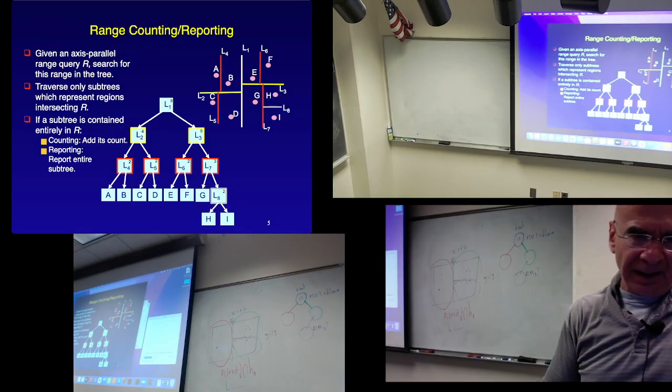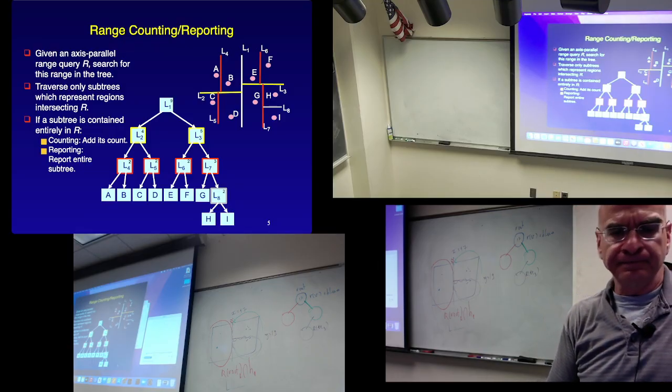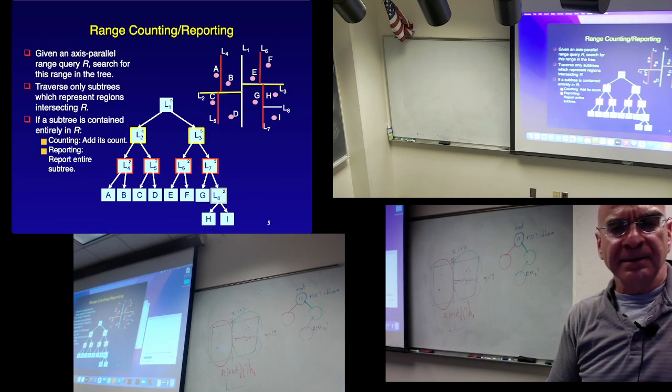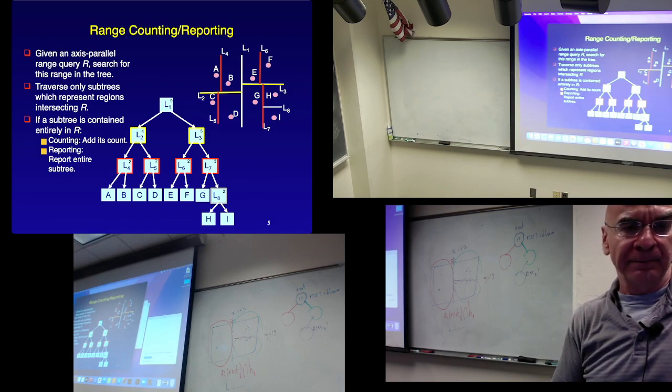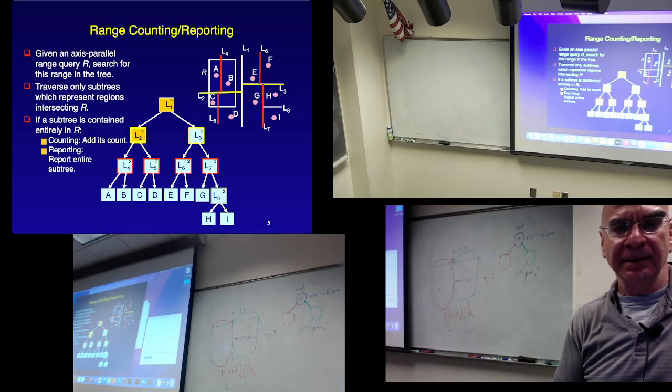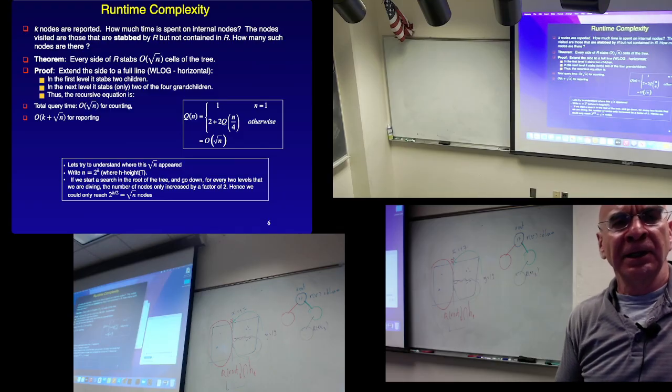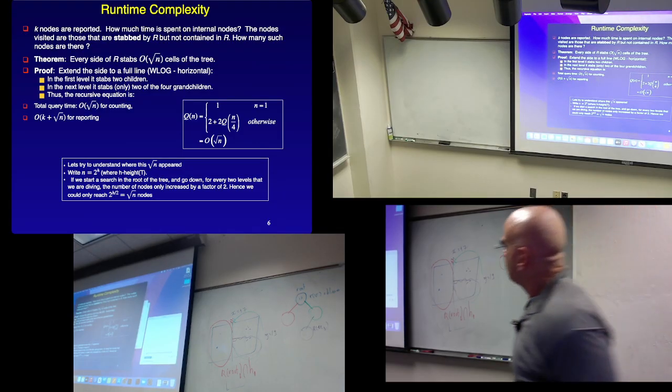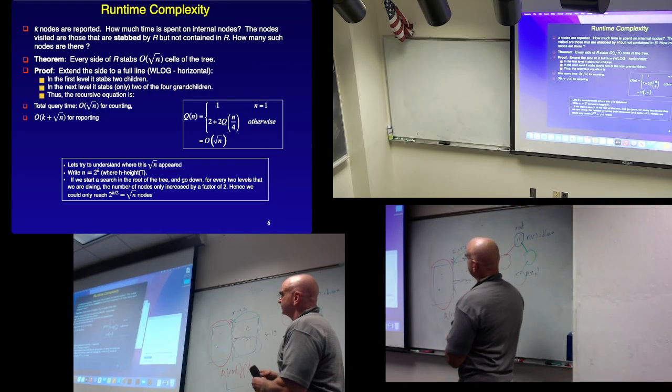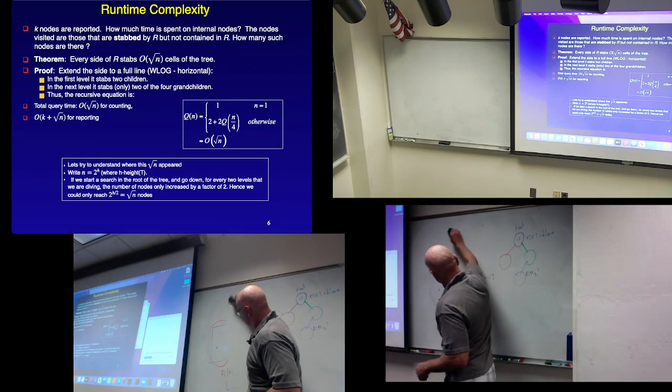Can I finally say something about KD trees? And yes, there are some bounds, still quite pessimistic, about how many nodes I will visit by a query. Let's see what the bound for the query is.